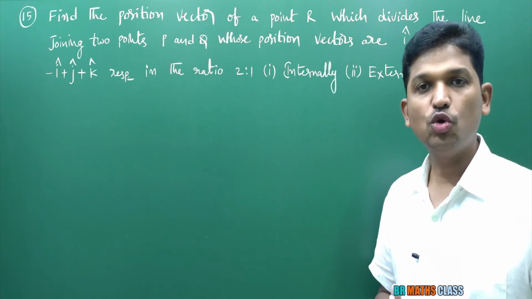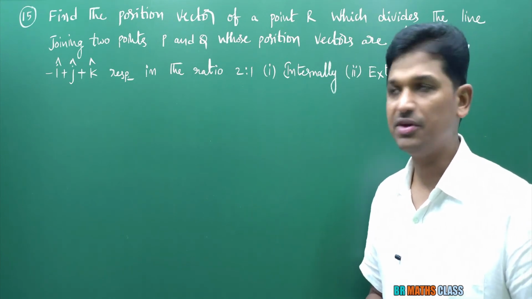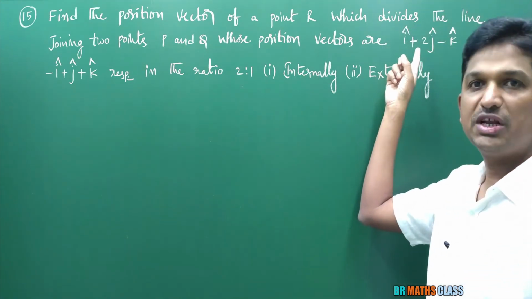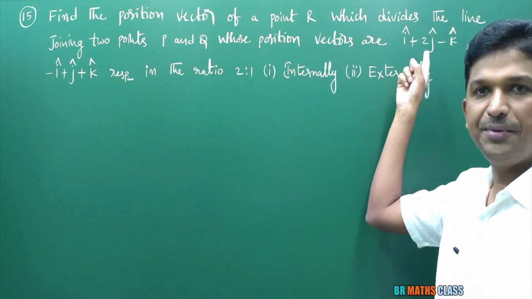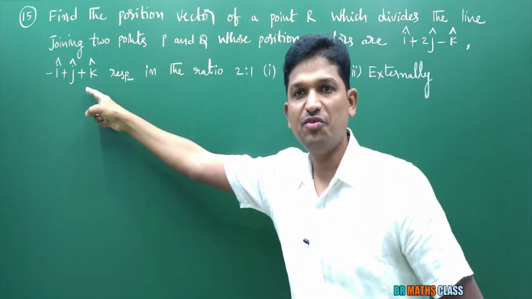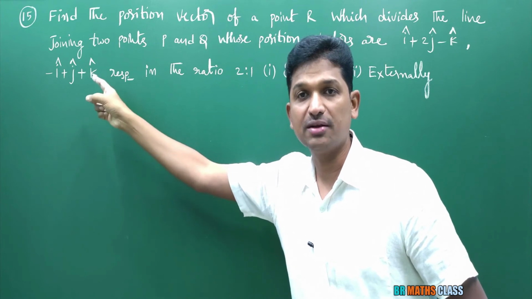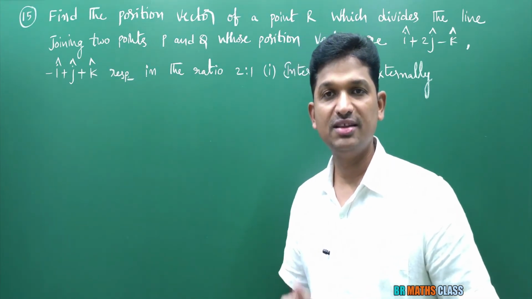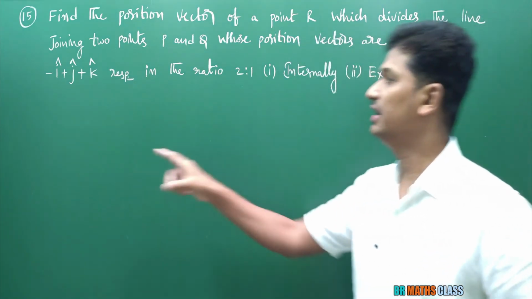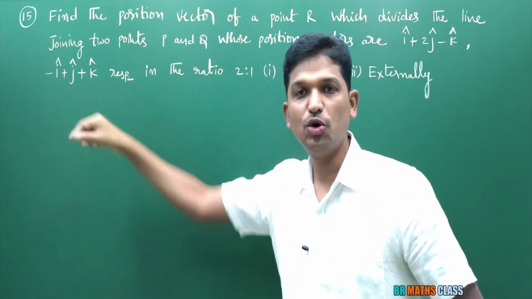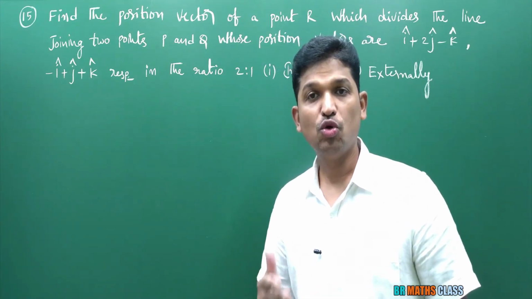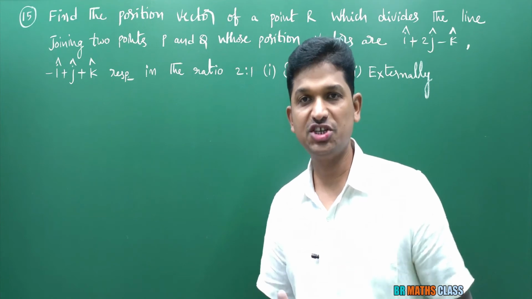To calculate OR bar, what information they given? You see here, this is position vector of point P, that means this is OP bar. This is position vector of point Q, that means this is OQ bar. Okay, I'll quickly recall what you learned in the definition of section formula.